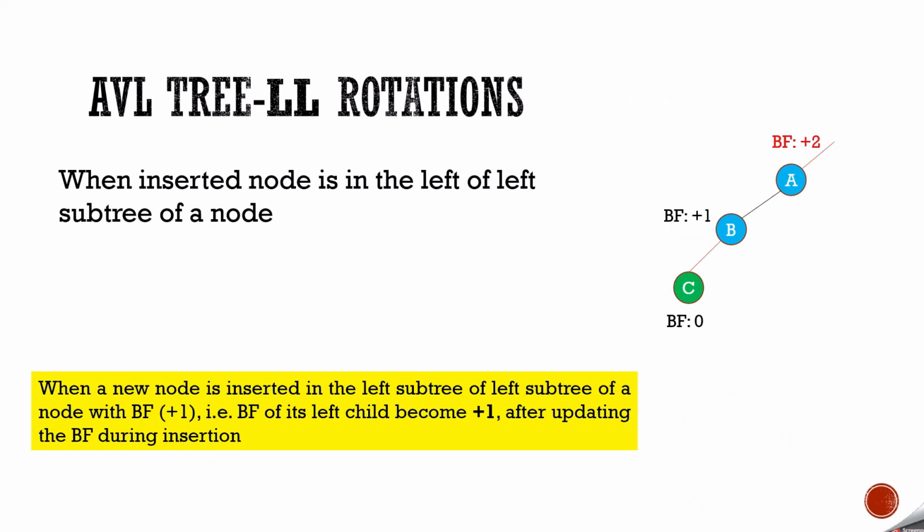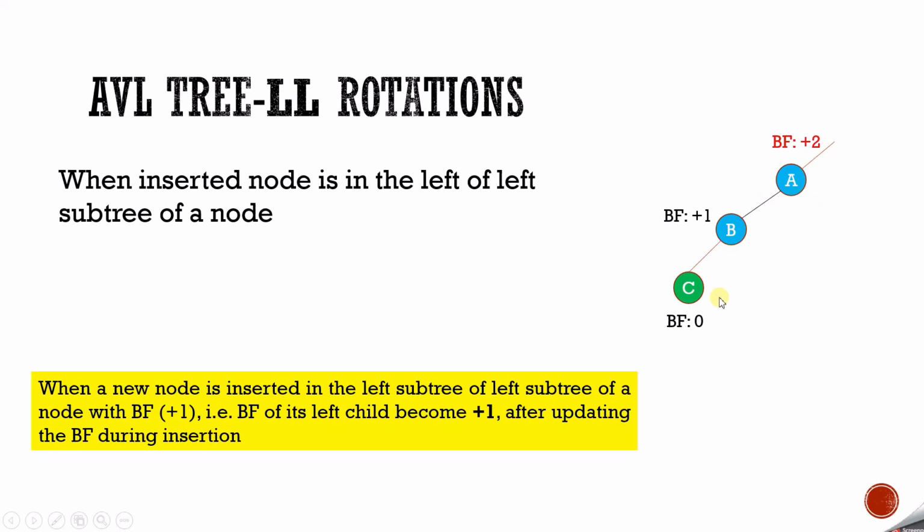Now let's see how I'll do the LL rotation. As I have said, when we are going to do LL rotation, a node is inserted in the left subtree of a node, that means left of A is B, and if I am inserting a new node in its left, then I have to go for LL rotation.